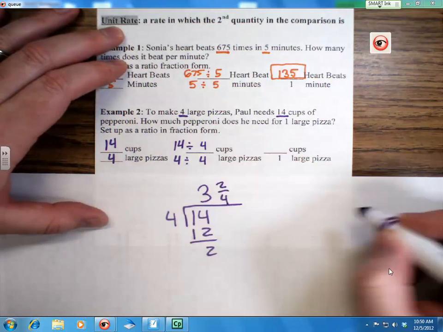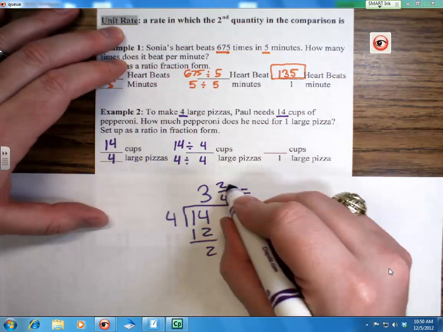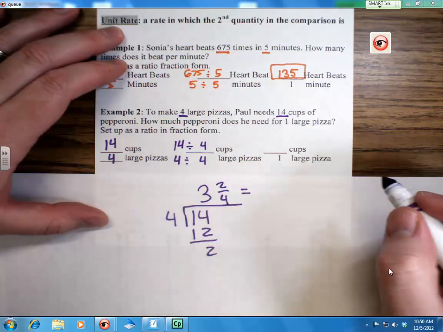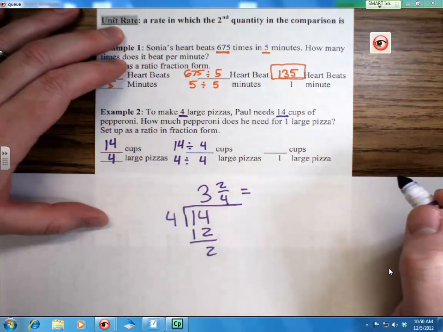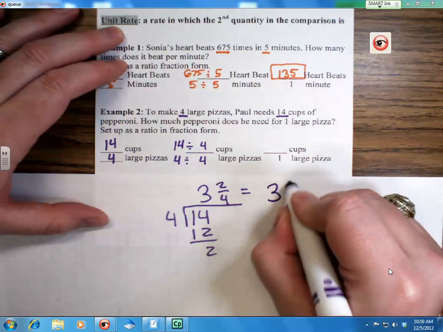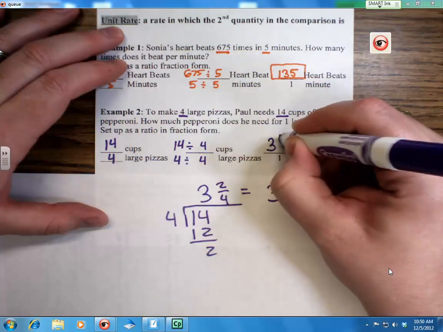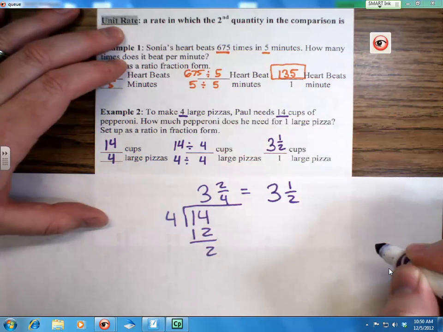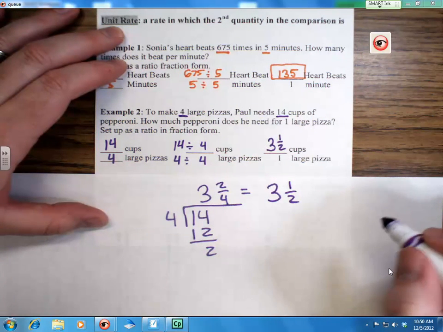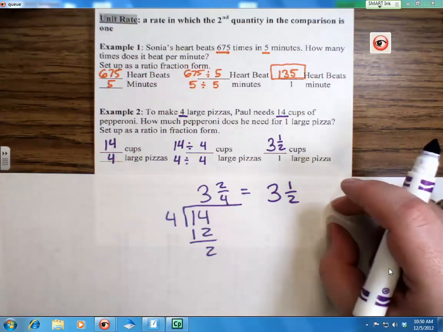Well, what does 2/4 equal? 1/2, because I know that 2 goes into both the 2 and the 4. So if I divide 2 divided by 2, I get 1. If I divide 4 divided by 2, I get 2. So I'm going to have 3.5. So I know that I need 3.5 cups of pepperoni to make 1 large pizza.